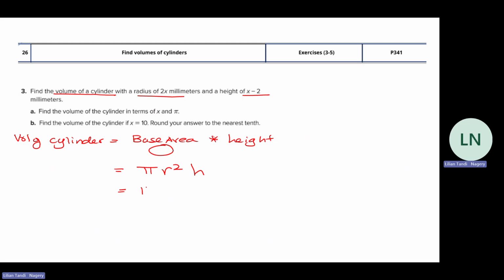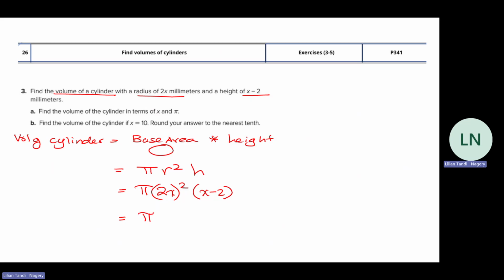So you're going to put pi, 2x and you square it, and the height is x minus 2. Question A says, find the volume of the cylinder in terms of x and pi. You can stop over here, or you can expand this.